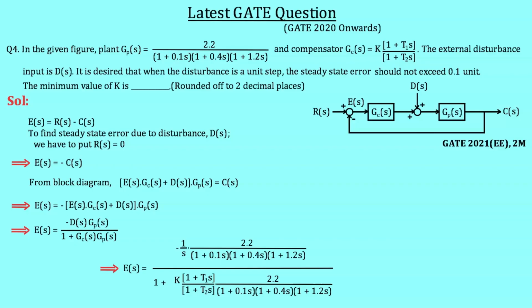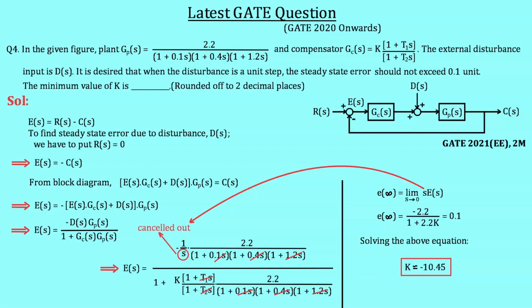Suppose this question comes in your exam and you are unnecessarily trying to simplify this. You will definitely get the answer but will waste a lot of time. We are supposed to find the steady state error which is equal to the limiting value of the function s multiplied by the Laplace transform of the error signal E(s) when the value of s tends to 0.